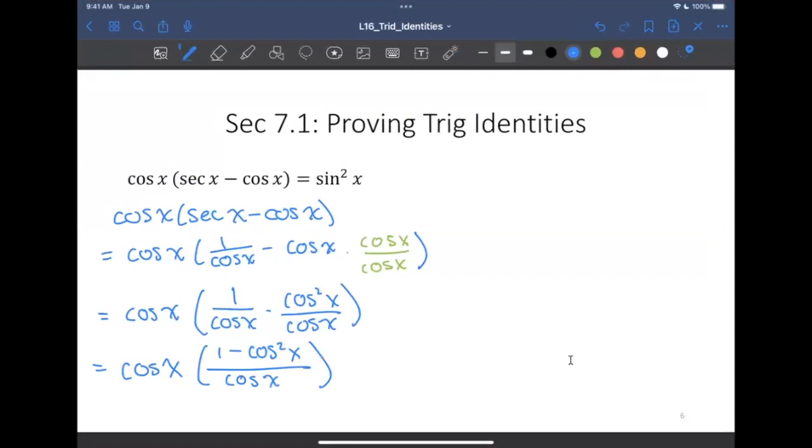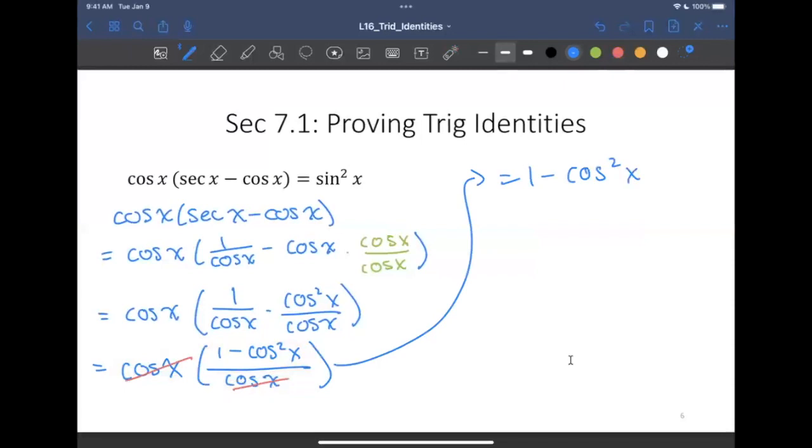Notice that I have a cosine here, and it's being multiplied by something over cosine of x, so I can cancel out the cosines. This leaves me with 1 minus cosine squared of x.